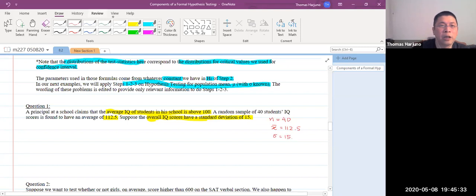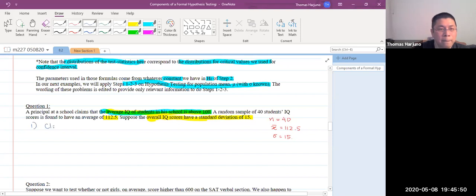Now, what is the claim? The claim is that the average IQ score of students in this principal's school is above 100. So step one, let me use another color.